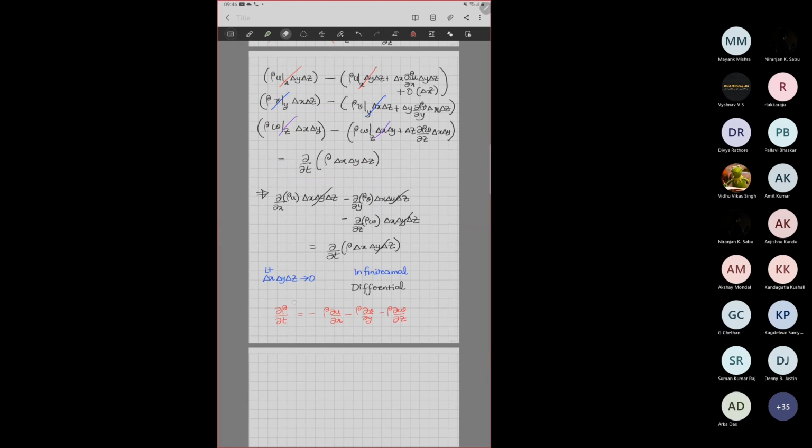That means my entire expression turns out to be del by del x of rho u plus del by del y of rho v plus del by del z of rho w with minus sign.